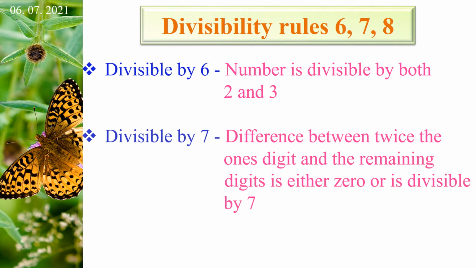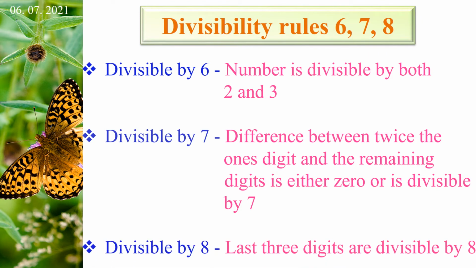A number is divisible by 7 if the difference between twice the ones digit and the remaining digits is either 0 or divisible by 7. A number is divisible by 8 if the last three digits are divisible by 8.